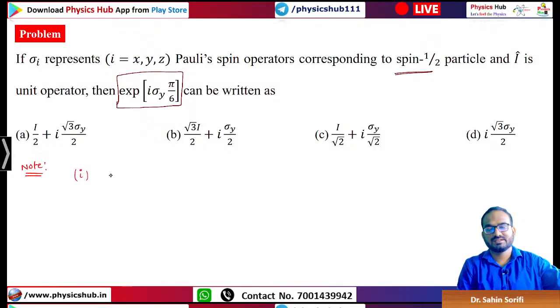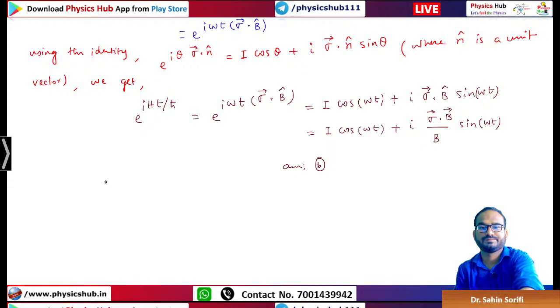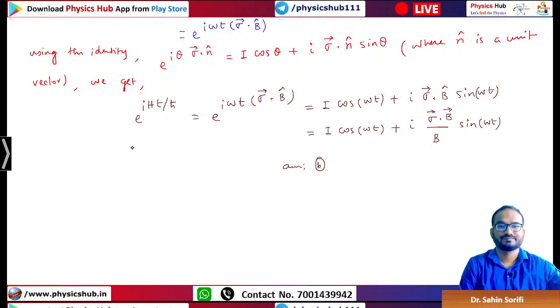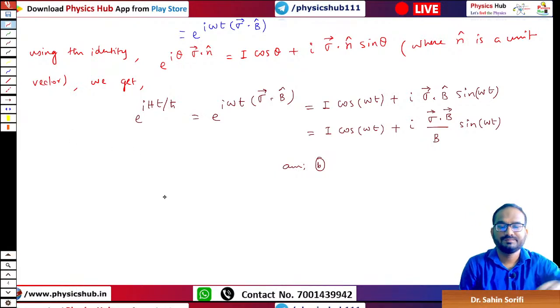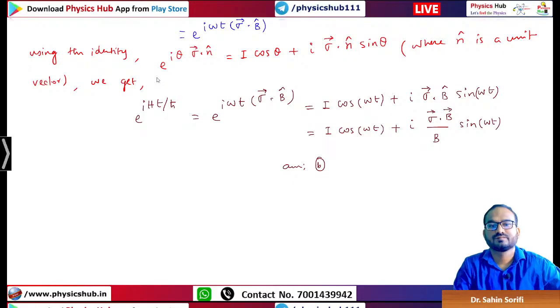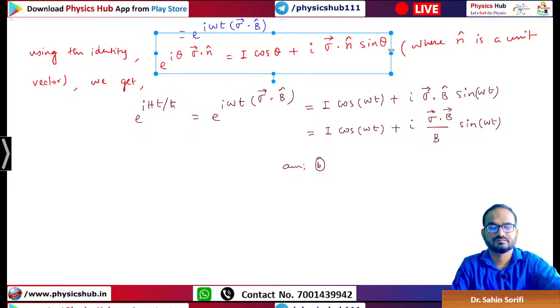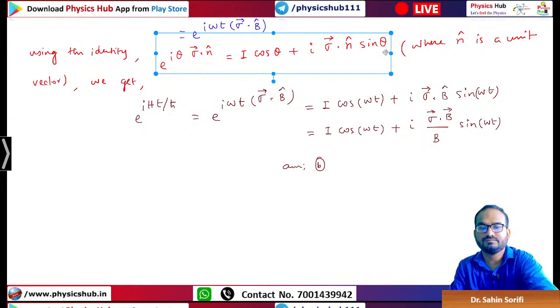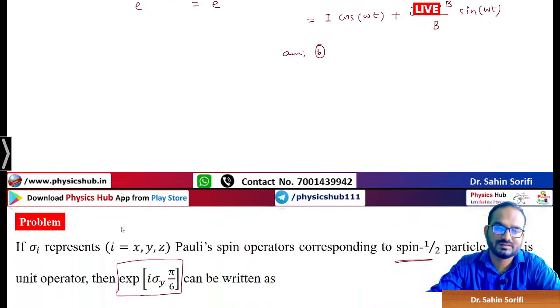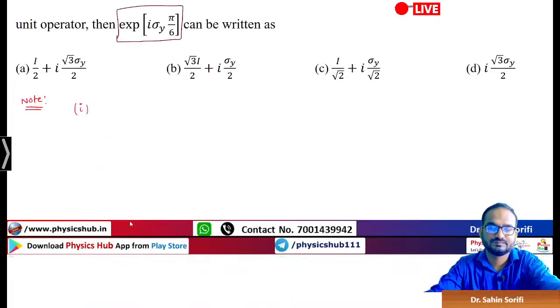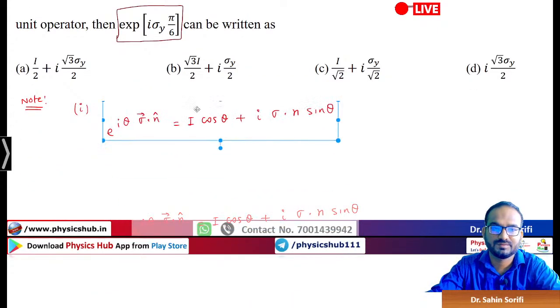The first identity, which we have already told you, e to the power i theta sigma dot n. This identity will be useful here.